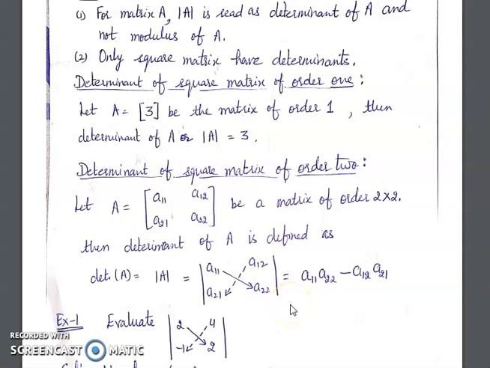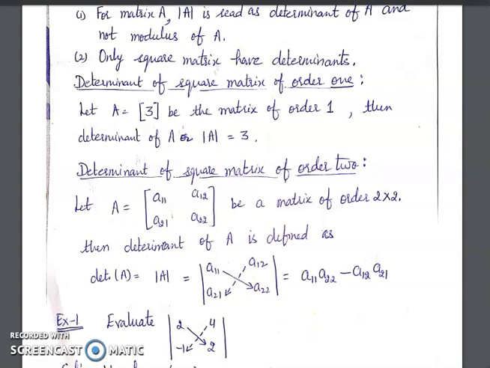To open this determinant, we cross multiply the elements. We first multiply a11 a22 minus a12 a21. After solving, this gives us the value of the determinant of A.